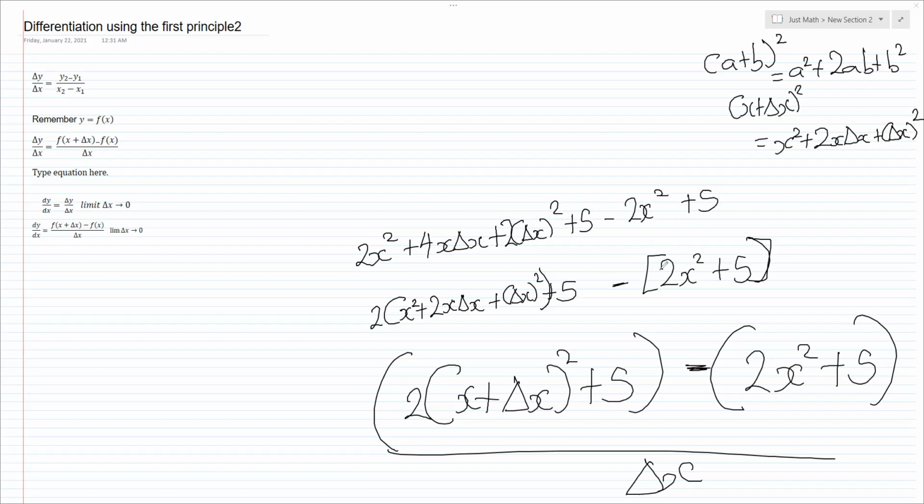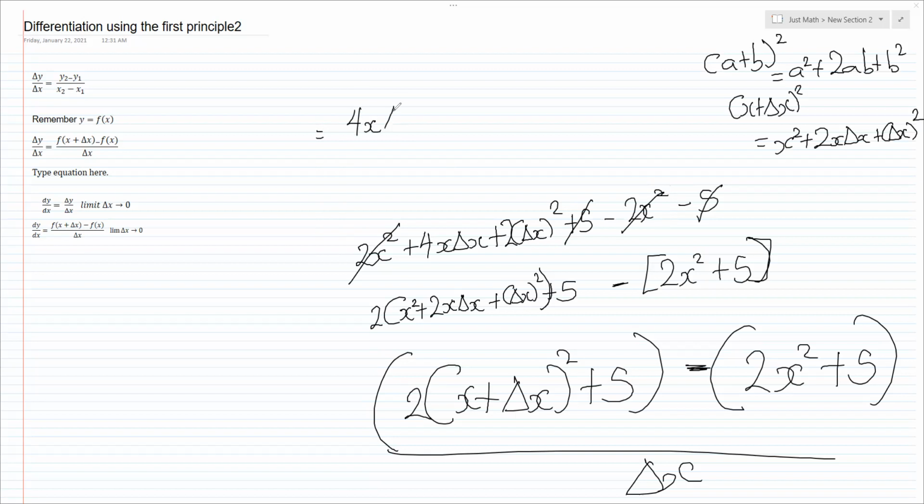Now from the onset we can see plus 5 minus 5. When you open the bracket it turns to minus 5. So we have plus 5 minus 5, and we can see that whenever we're differentiating, the constant usually becomes 0. So plus 5 minus 5 goes away. 2x squared minus 2x squared goes away.